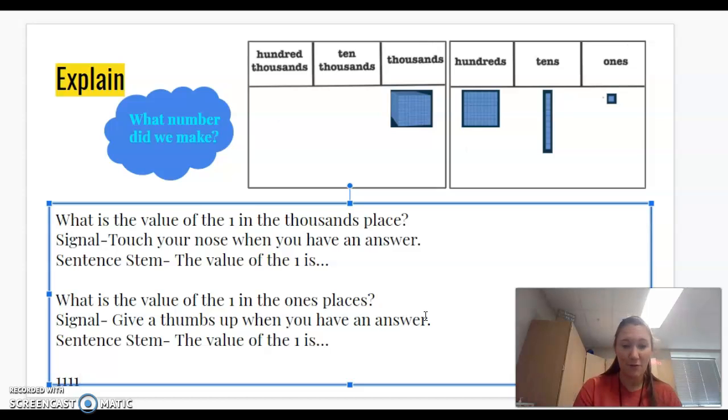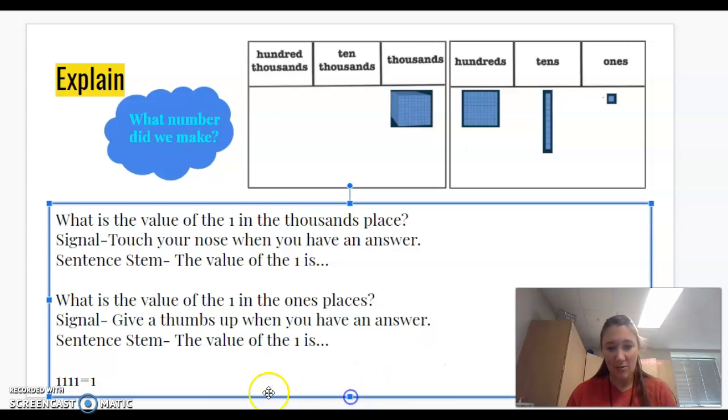That's in standard form. And that equals, if we break it down into expanded form, 1,000 plus 100 plus 10 plus 1. If you add all of these numbers up, it will equal the number that we began with, 1,111.